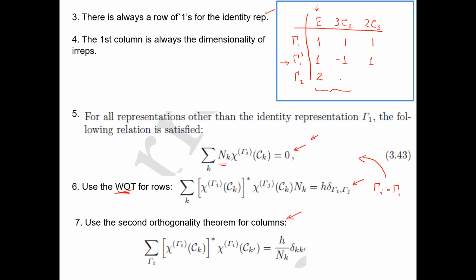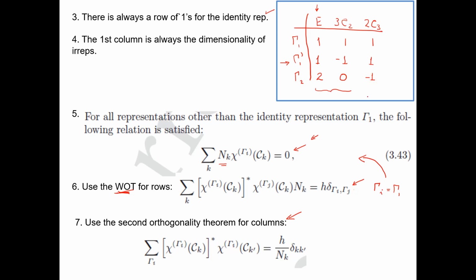If I multiply this element by this element and sum this element by this element, this is already 0, right? 1 minus 1 is 0. So the only way to satisfy this orthogonality is to set this to be 0, and for the same reason, the only way to satisfy the orthogonality between the first column and the third column is to set this one to be -1.